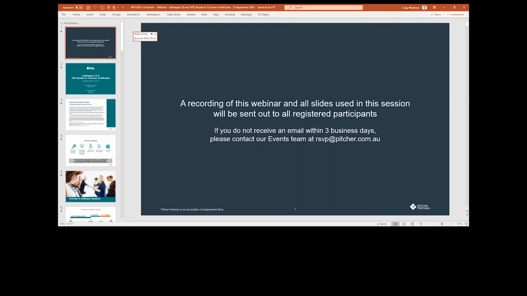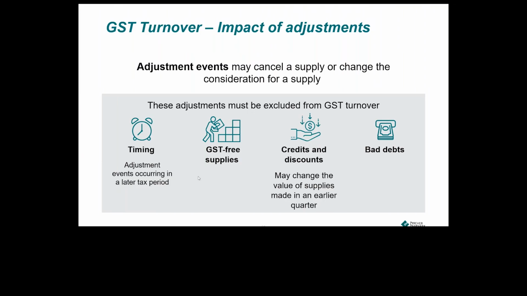The same rule applies for bad debt purposes. So if you've written off any bad debts in the September quarter, but that bad debt relates to a supply that's been made in a previous quarter, then effectively that bad debt adjustment would need to be reversed out of your turnover for the quarter ended 30 September.